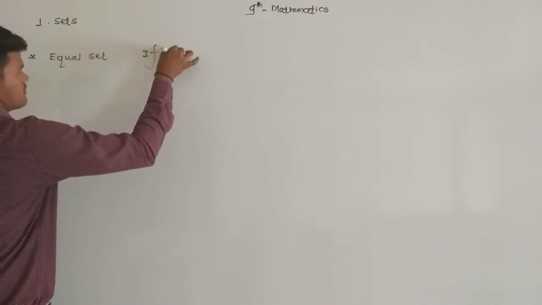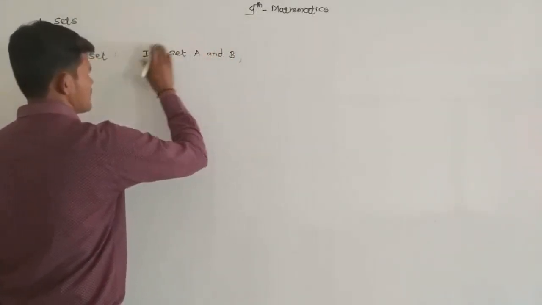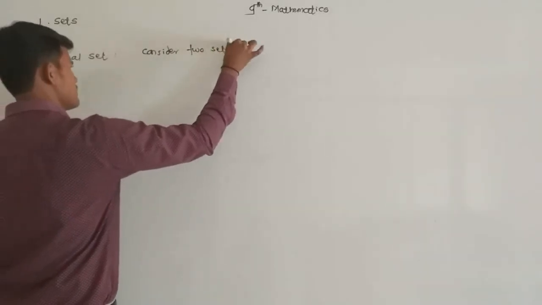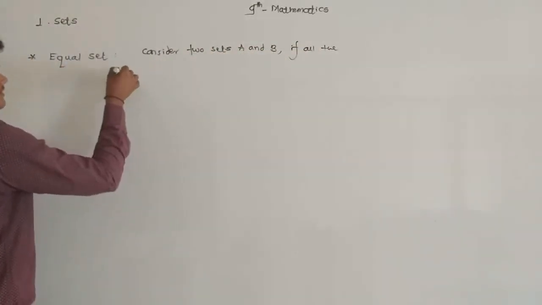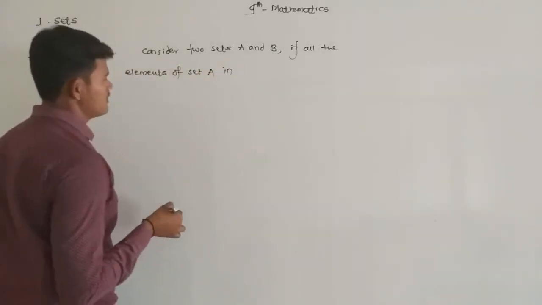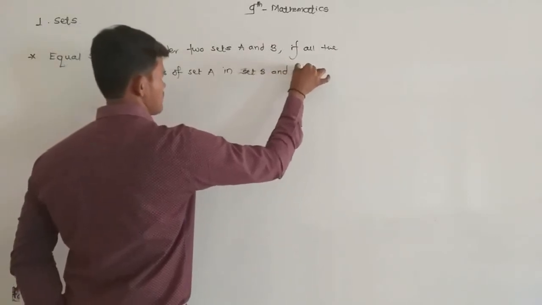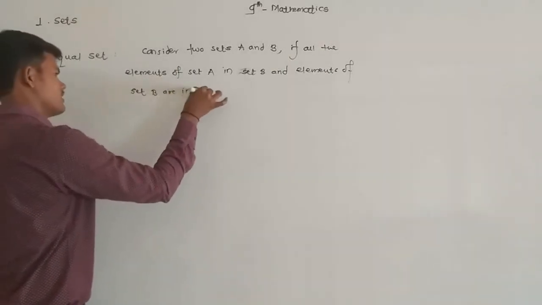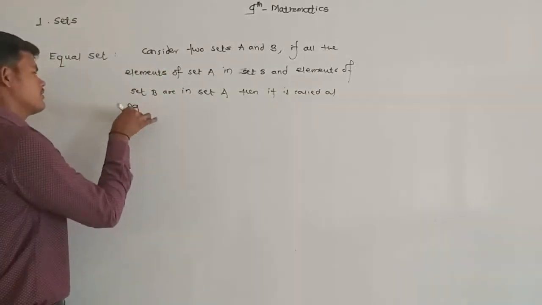Consider two sets A and B. If all the elements of set A are in set B and all the elements of set B are in set A, then it is called an equal set. तर त्याला आपण काय म्हणतो, इक्वल सेट.